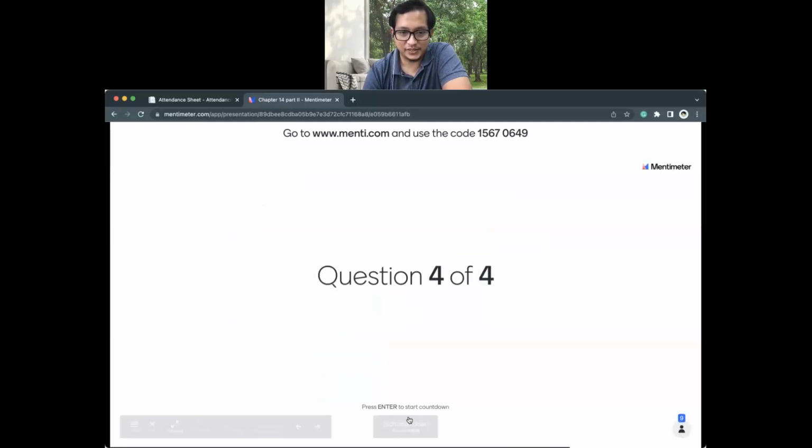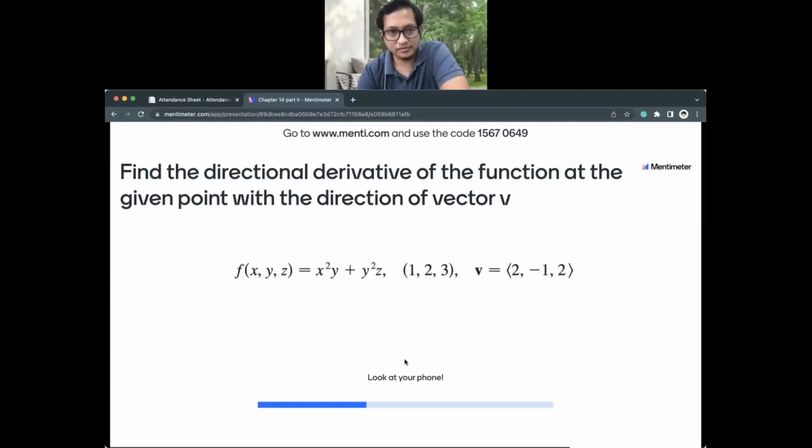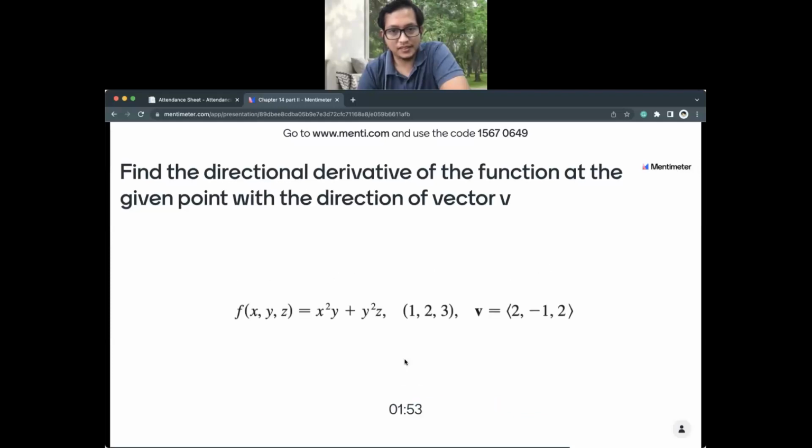Okay, last question. Find the directional derivative of the function at the given point in the direction of vector phi. Vector phi we have there.